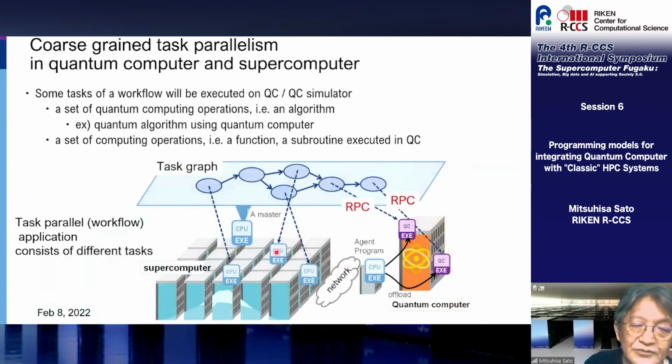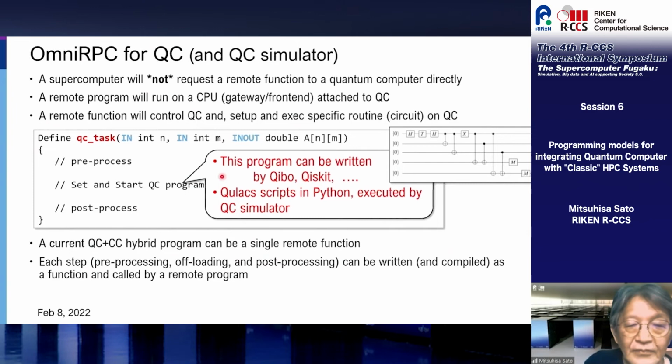This is the overall structure. The task graph is generated by task programming and executed on a supercomputer, and some parts are offloaded by RPCs. This RPC invokes a function in a quantum computer or quantum computer simulator. In this part, the set of quantum computing operations, for example quantum algorithms using the quantum computer, is executed.